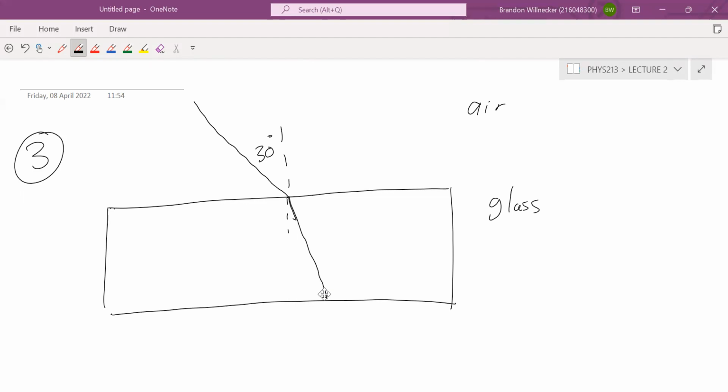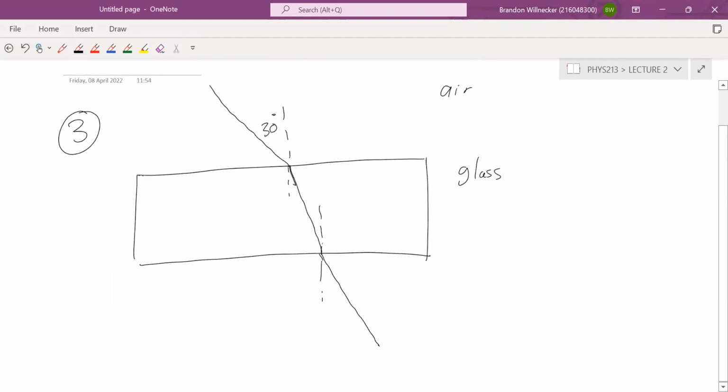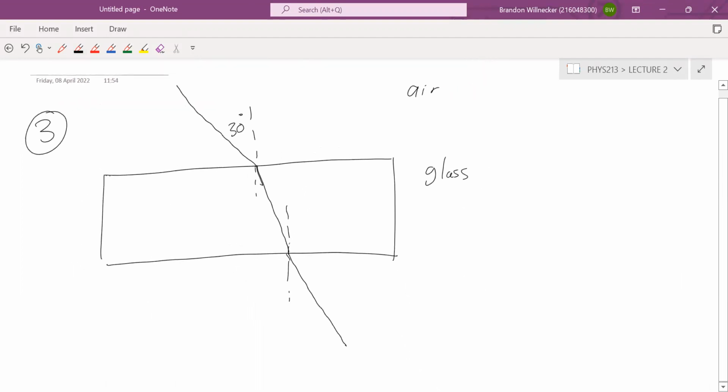Next, it is going to exit and move away from the normal, right? Because it's going from glass to air. So it's going to move away. And you can check this on the side, but the incoming ray, or the incident ray, is going to be parallel to the outgoing ray. Because it gets shifted in the glass, but as it exits, it remains parallel to the incoming ray.